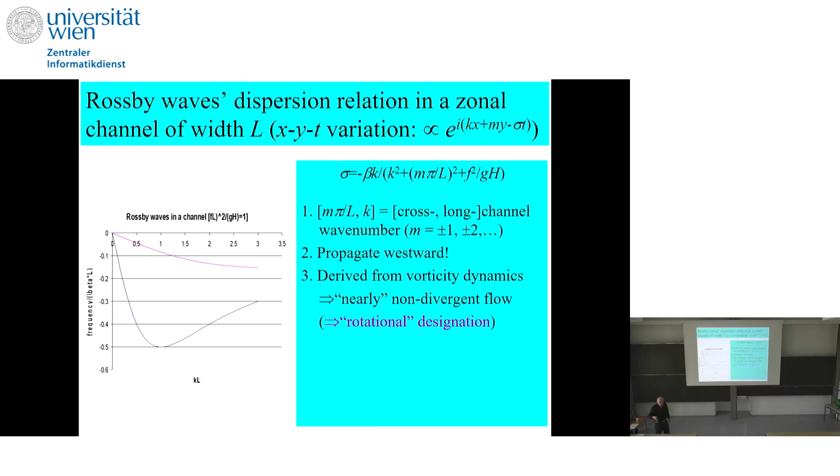I won't go into the vorticity because we're adhering to rotating shallow water, but since they are vorticity waves, sometimes they are called rotational or non-divergent. If you cut away the divergence, and if it's really non-divergent, then they don't exist.